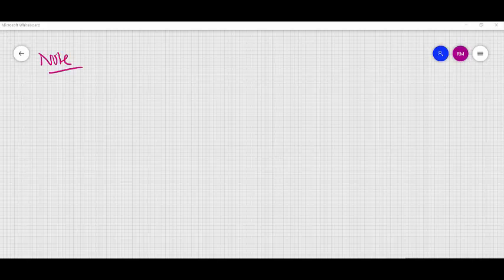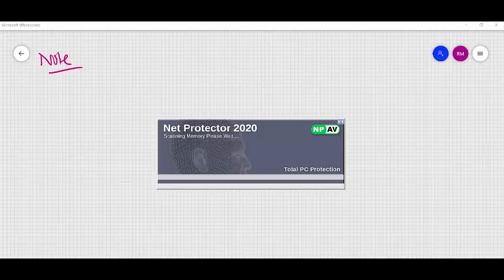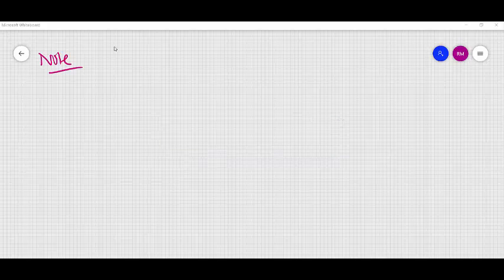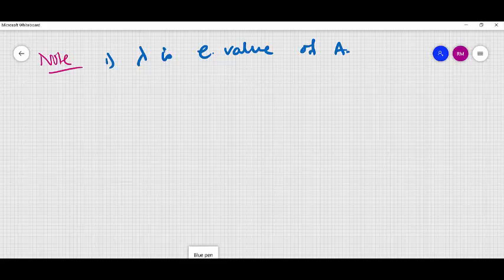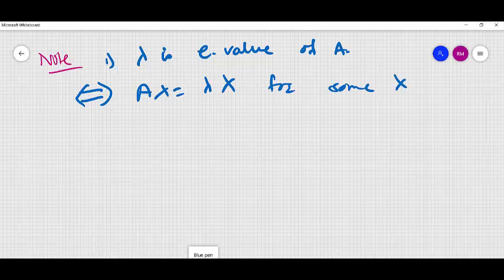Now we take an important note. Note 1. Lambda is an eigenvalue of A. In short, we write E dot, means eigenvalue. This is if and only if Ax equal to lambda x for some x not equal to 0.